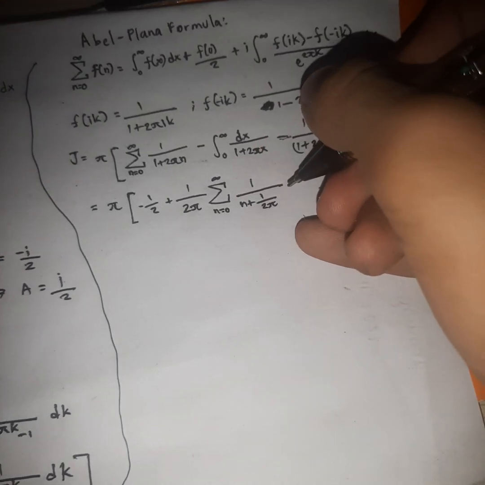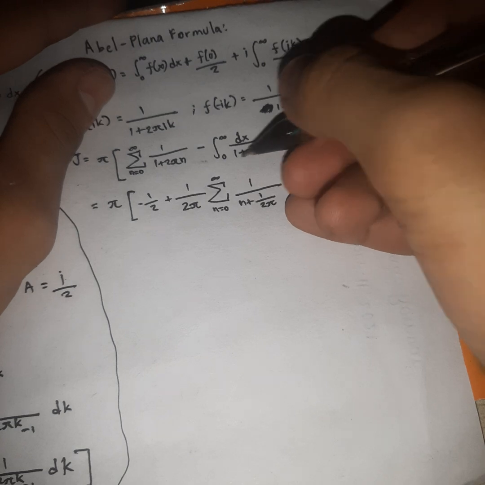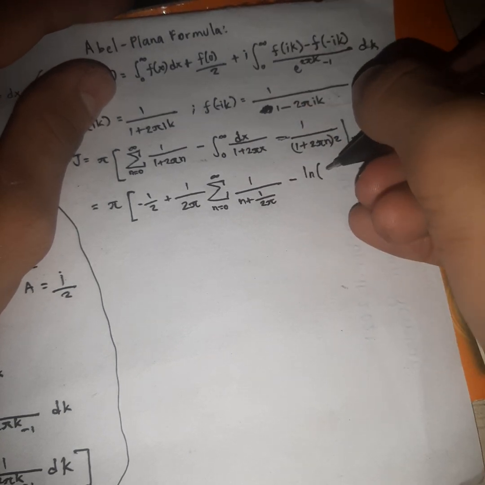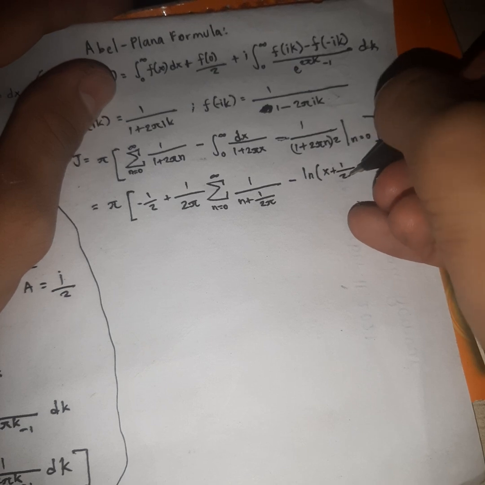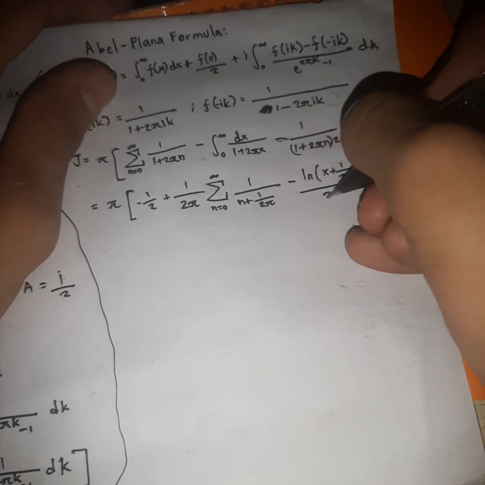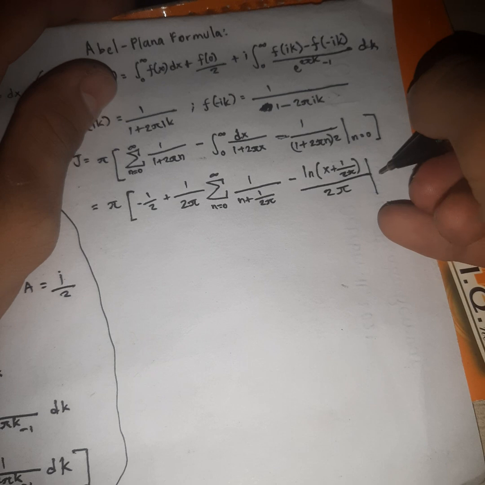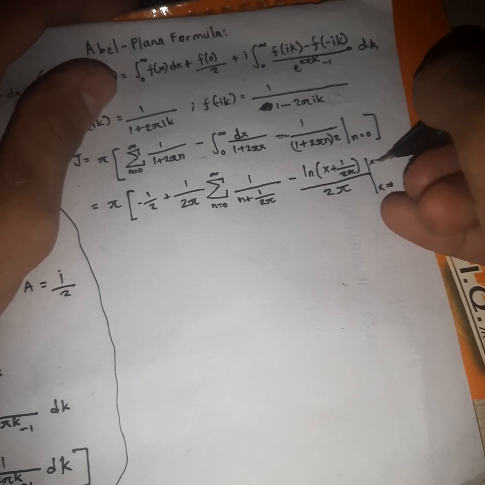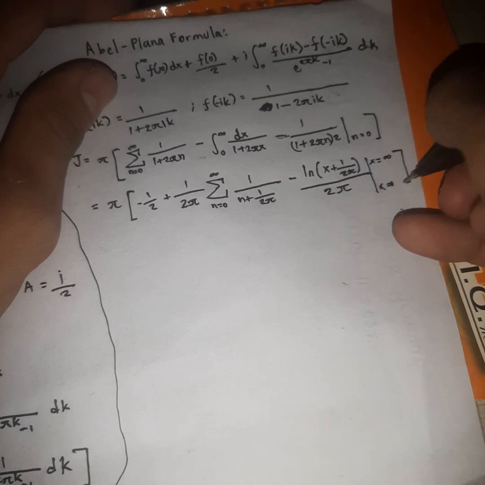And for this integral, if we integrate, this will become ln of x plus 1 over 2 pi, over 2 pi, from x equal to 0 to x equal to infinity.